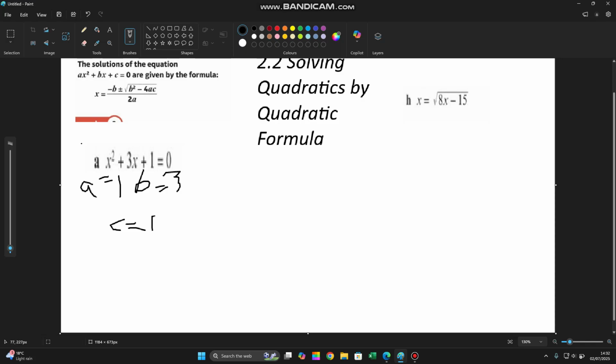We can now put them into the formula here: minus 3 plus or minus the square root of 3 squared, which is 9. 9 minus 4 times 1 times 1, because both A and C are 1, divided by 2 times A, and A is 1, so that's 2.